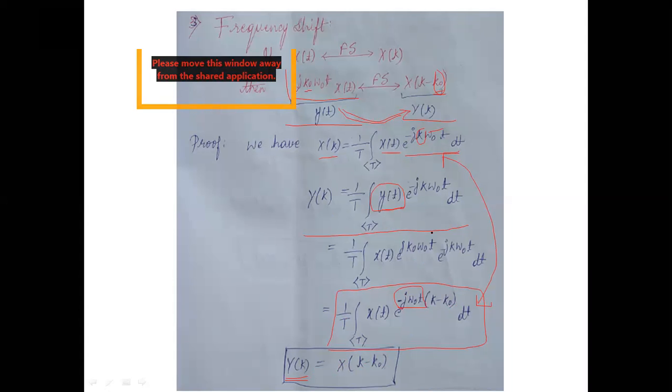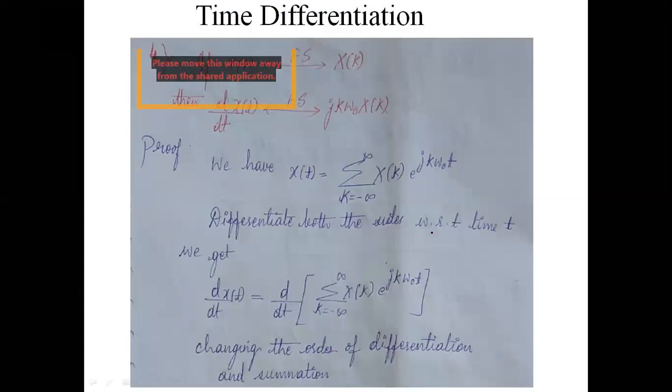So let us go to the next property, time differentiation. Time differentiation is, if you differentiate the periodic signal x of t in the time domain, what is its effect on the corresponding Fourier series coefficient in the frequency domain?